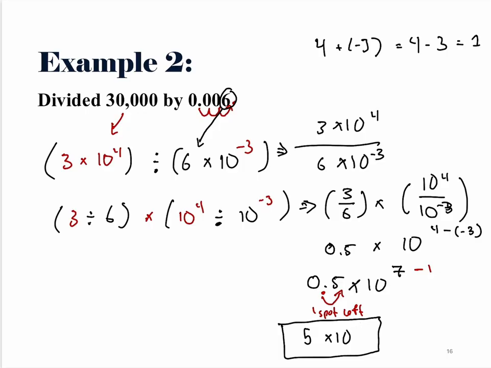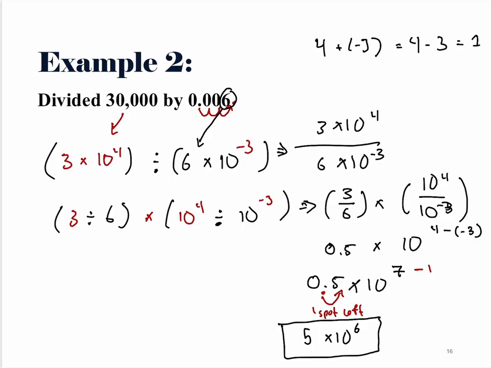Draw that neater. All right, and so the general trend, when you take a number and you divide it by a number that's a lot smaller than 1, or smaller than 1 in any case, it's going to be increasing in size, right? So we start off with 30,000, and what we're left with is something on the order of 500,000.